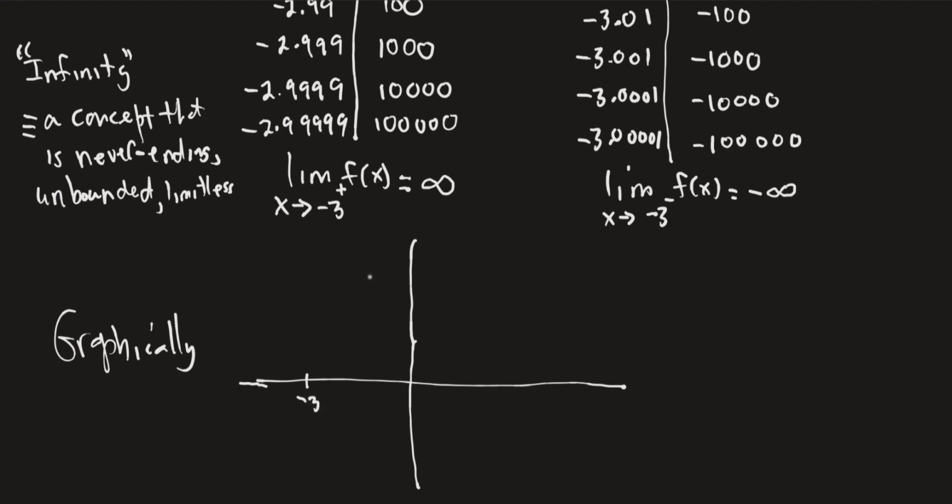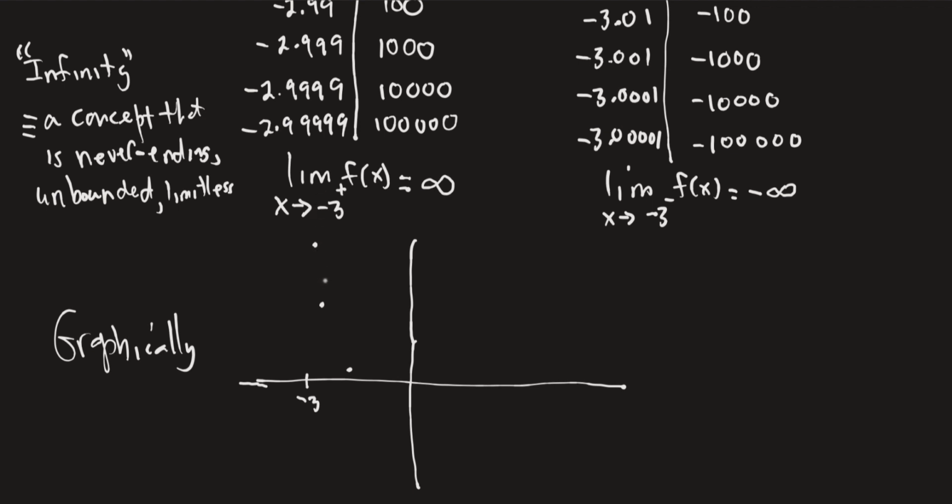And if I want to, let's take the limit from the left. So for these values of x that are close to -3, but just a little bit bigger than, let's say it starts out at 10, and then 100, and then 1,000, and then of course it's off the chart at that point, right?